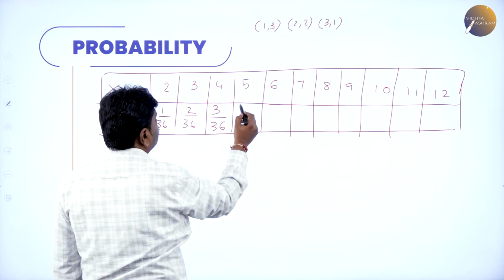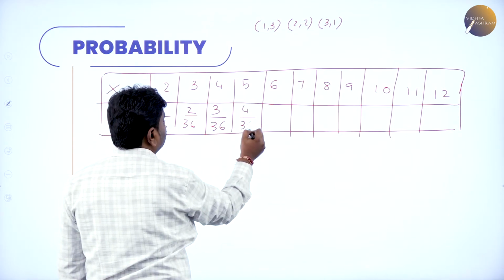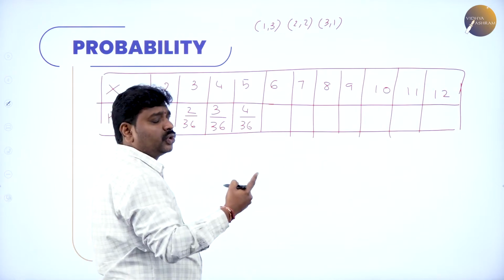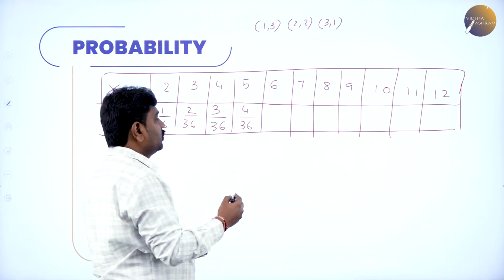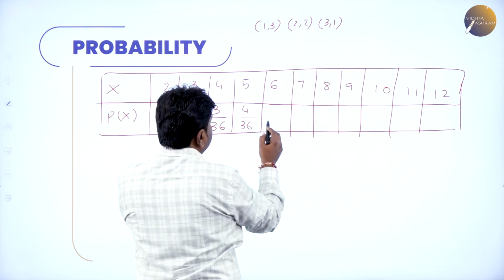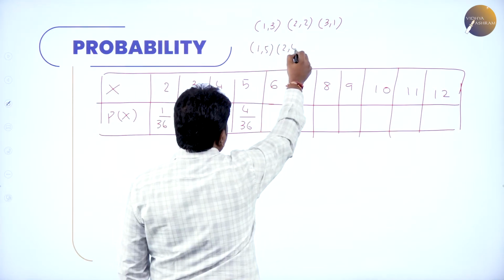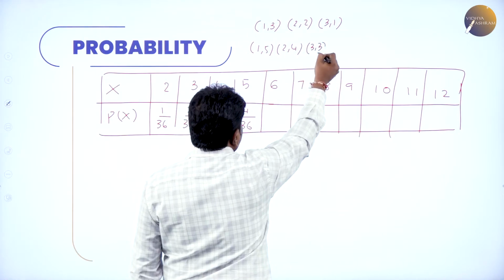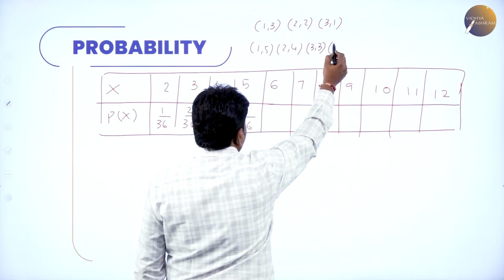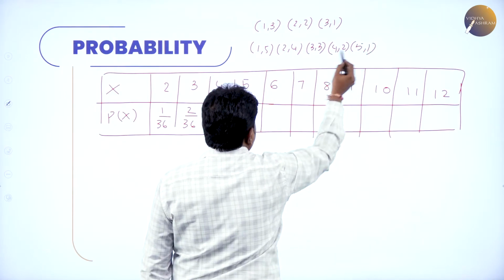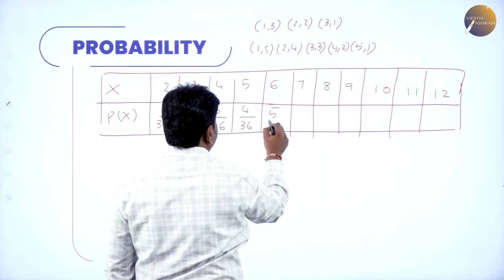Sum 5 gives you 4 possibilities out of 36: 1 4, 2 3, 3 2, 4 1. Sum 6 means 1 5, 2 4, 3 3, 4 2, 5 1. That's it, so total 5 out of 36.